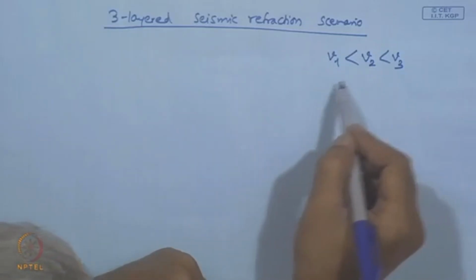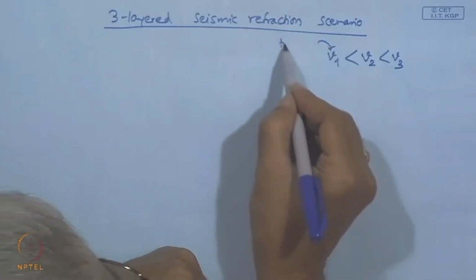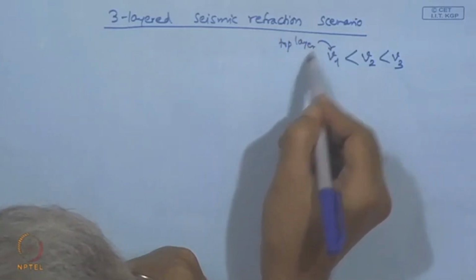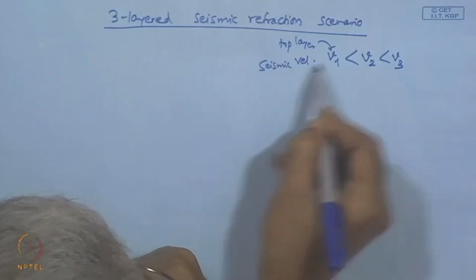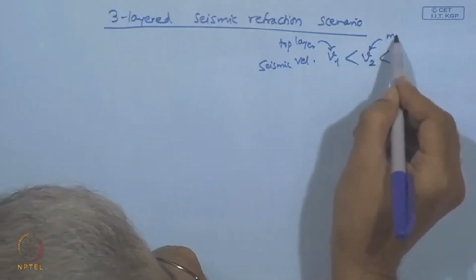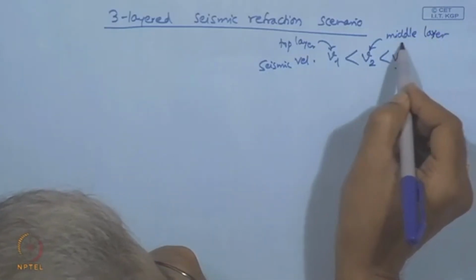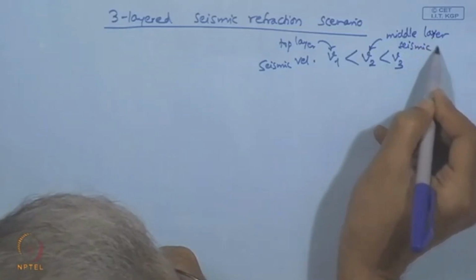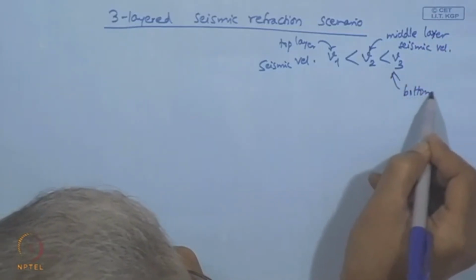This is the top layer seismic velocity, this is the middle layer seismic velocity, and this is the bottom layer seismic velocity.